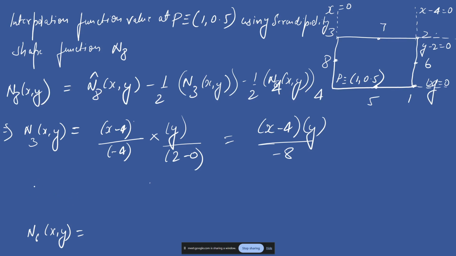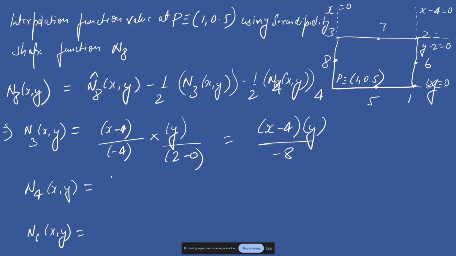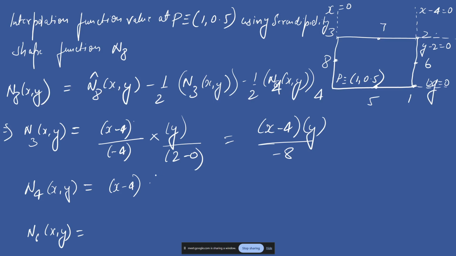Similarly, to solve it for N4 x comma y, that is basically your x minus 4 and your y minus 2.